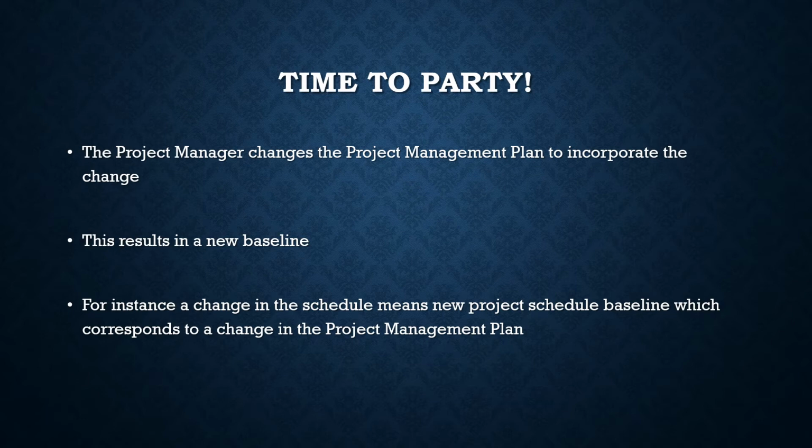Once you incorporate the change in the project schedule, every major key stakeholder needs to sign on this new project schedule, which would result in a new project schedule baseline, and this will correspond to certain changes in the project management plan, which the project manager needs to make. And this is an example of what happens after your change request is approved.